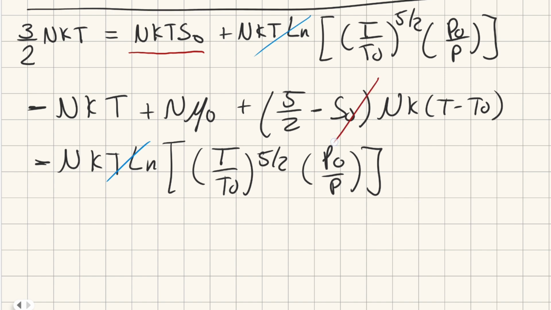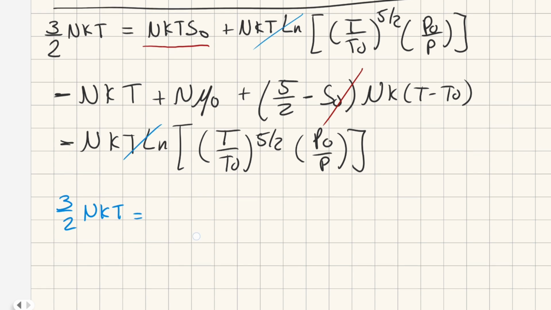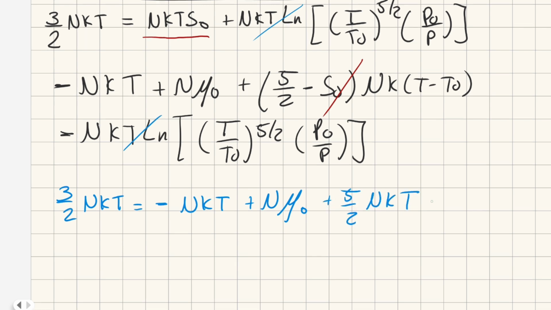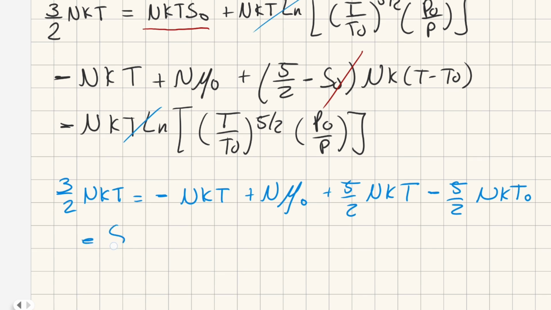After those cancellations, we will get that (3/2)nkT is equal to minus nkT plus nμ0 plus (5/2)nkT minus (5/2)nkT0 and then minus S0 nkT0.